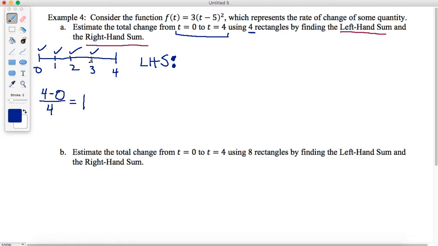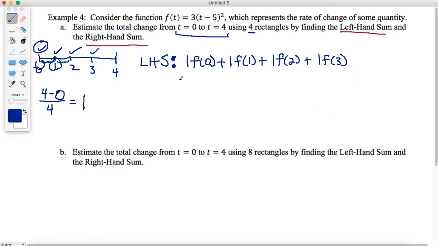Then my area is going to be given by 1, the width of my interval, times this leftmost endpoint, so times f of 0, plus the width of this one, which is 1 unit, times f of 1, plus 1, which is the width, times f of 2, plus 1 times f of 3.